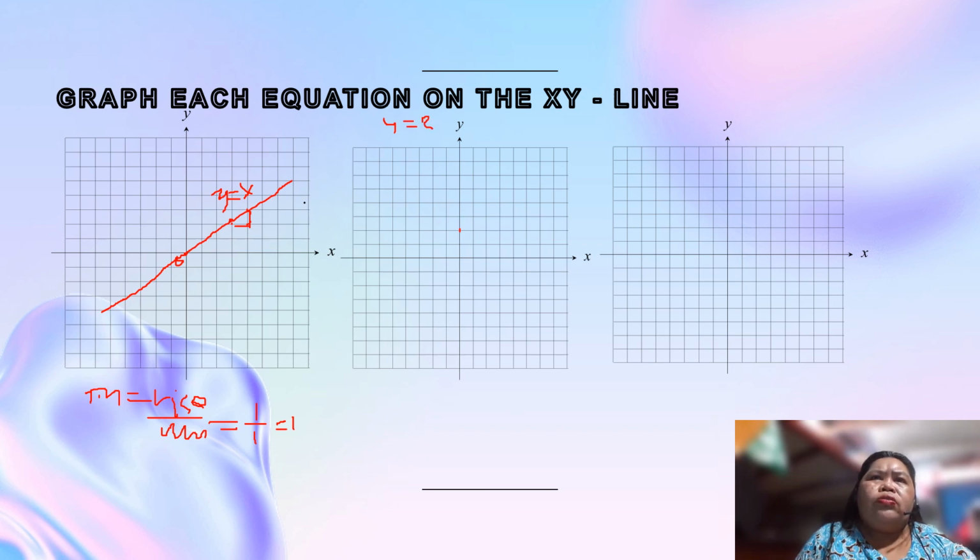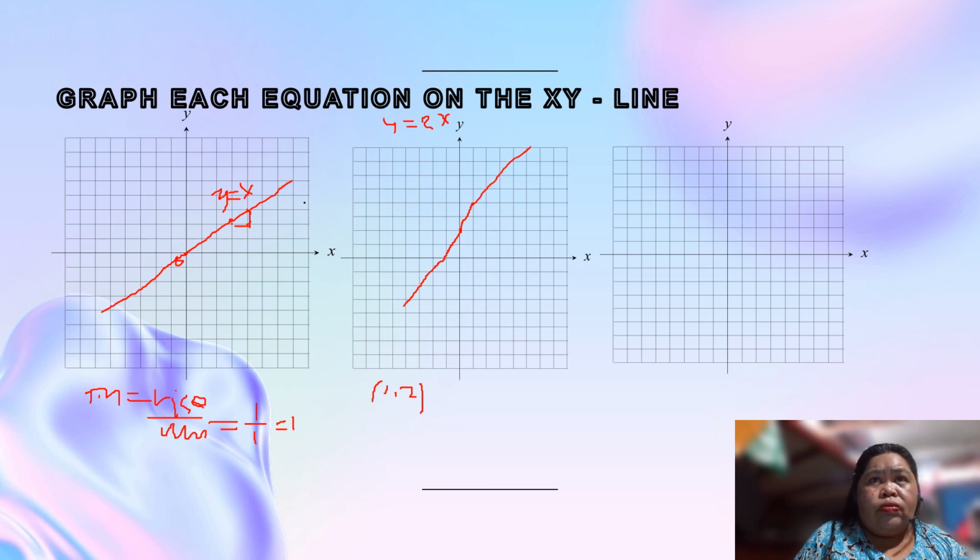If we are going to put 1 as the value of x, 2 times 1, we could have the point 1, 2. So that means 1 for x and 2 for y, and if we put that here, we can connect the line.